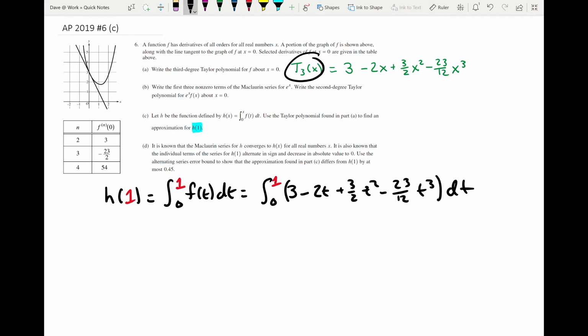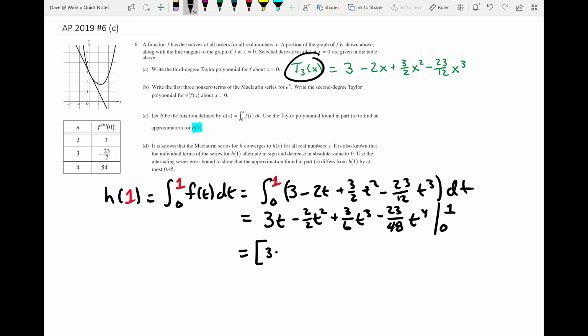So as we find the antiderivative, let's write 3t minus 2 halves t squared plus 3 over 6 t cubed minus 23 over 48 t to the fourth, going from 0 to 1. 0, 1 is going to make this much easier because literally our first piece is going to be 3 times 1, which is 3.